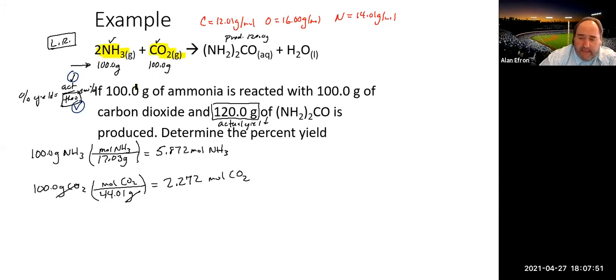Basically that means we have enough information to get to the moles of each of our reactants. And that's really how you know it's a limiting reagent problem. By the way, it doesn't have to be grams of both of the reactants, but whatever pieces of information you're given, if you're able to take that information about the reactants and convert it into moles for both of the reactants, then it definitely is a limiting reagent problem.